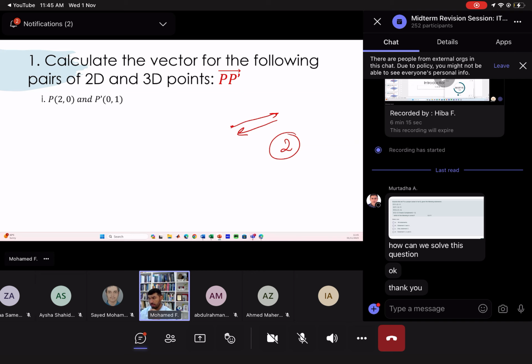The third thing is he wants us to calculate the magnitude of it. What is the length of it? The fourth thing is that he wants us to normalize it by the vector magnitude. So let's start by looking at the first one. We look at 2 examples of each.